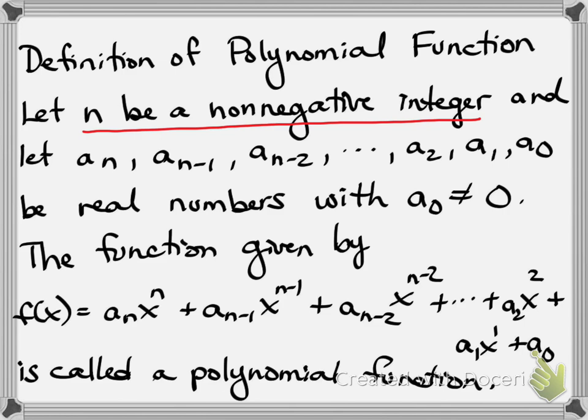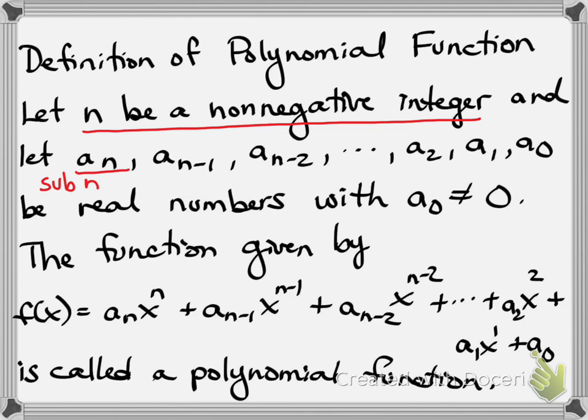And let a sub n, that's a subscript, because it's a little lower than the a, a sub n minus 1, a sub n minus 2, and so on, a sub 2, a sub 1, a sub 0 be real numbers with a sub 0 not equal to 0.